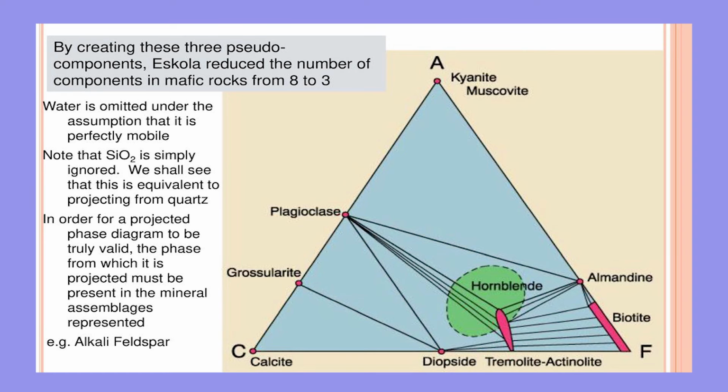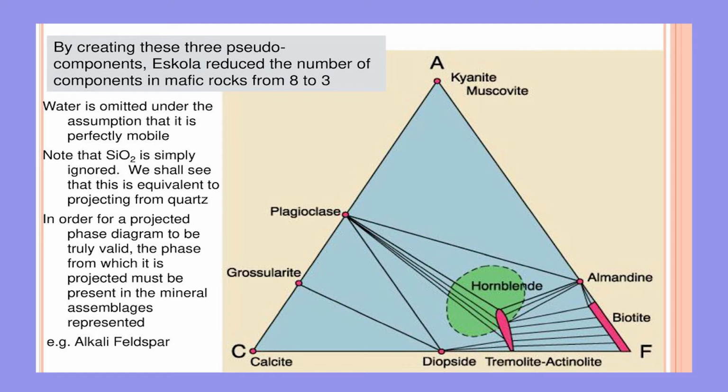By creating these three pseudo components, Ascola reduced the number of components in mafic rocks from eight to three. Water is omitted and assumed to be mobile. SiO2 is similarly ignored, equivalent to projecting from quartz.